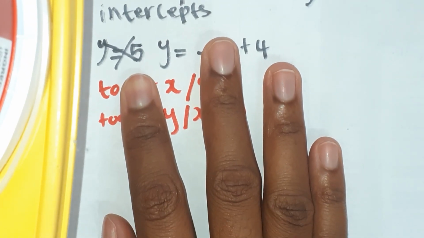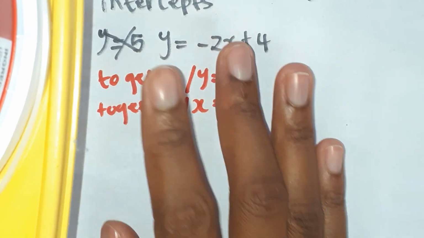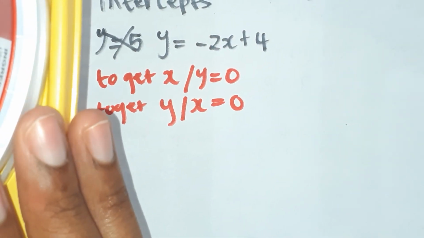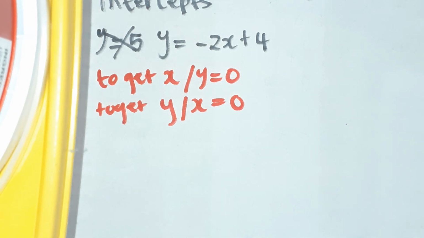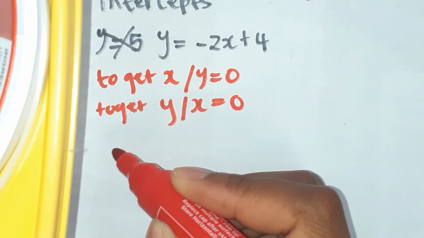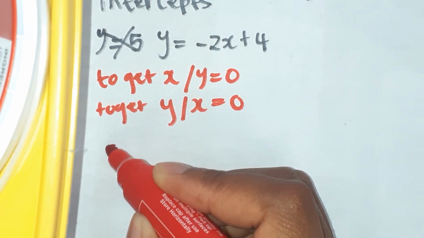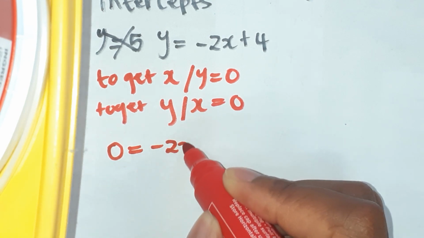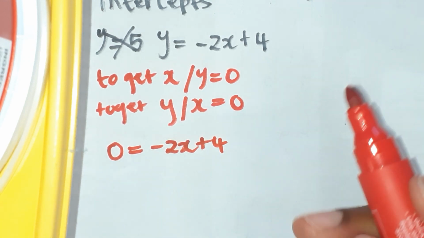So how does that even work? To get x, y has to be 0, right? So we say 0 equals negative 2x plus 4.